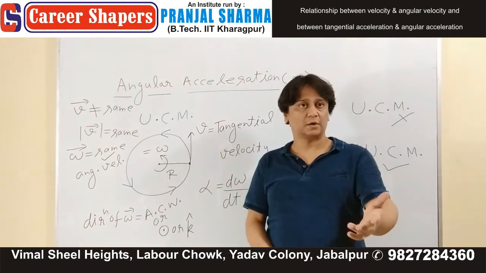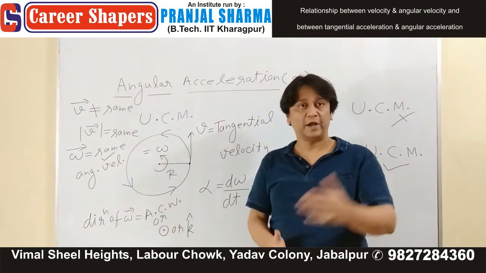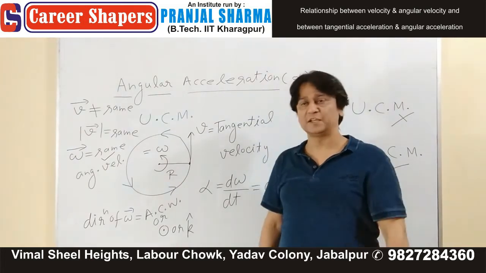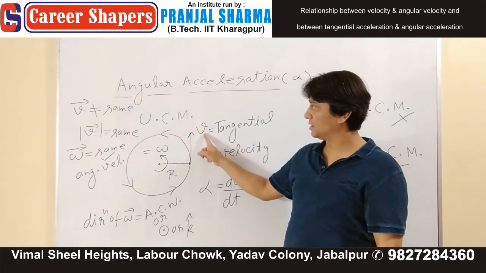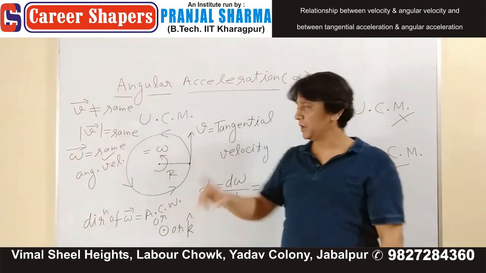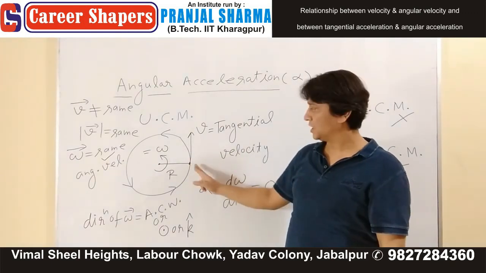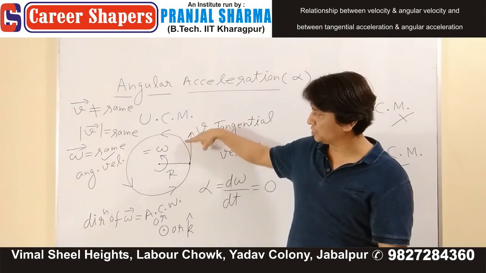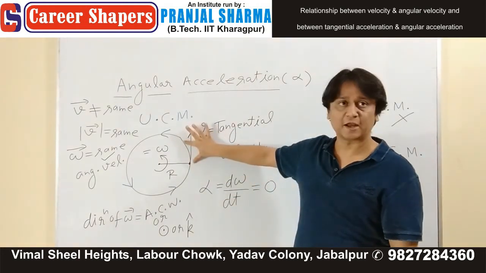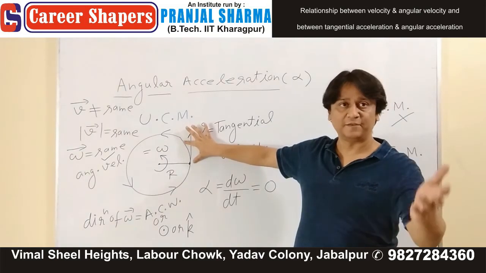Next thing is what? Magnitude. What is omega? Rate of change of angular displacement. V in UCM is always same. Somebody who is at this position, if he moves from this position to this position, let's say he covers an angle of 30 degrees over here, and it takes 5 seconds.